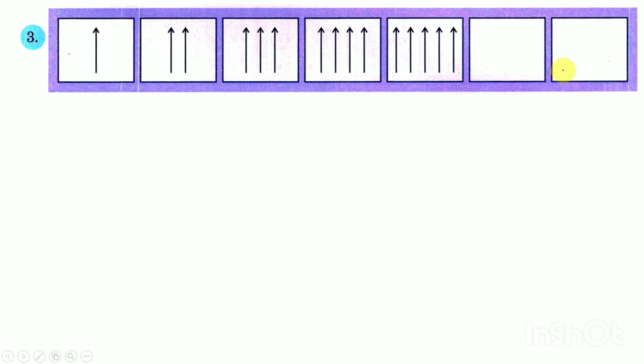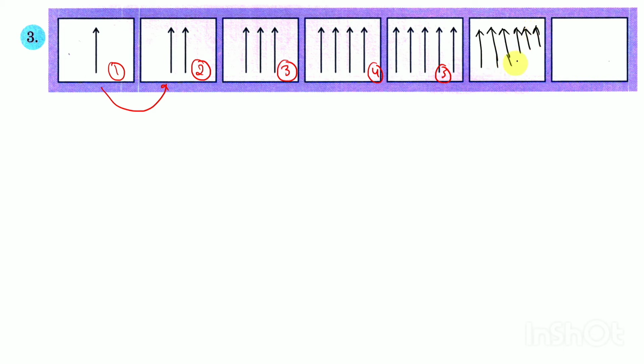What we are seeing here are arrow-headed lines, or bows or arrows. On moving to the next figure, we are seeing that there is always an increase of one more arrow. The number of arrows here is 1. In the next figure there are 2, then 3, then 4, then 5. In our next figure we expect 6 arrows, 2, 3, 4, 5 and 6.